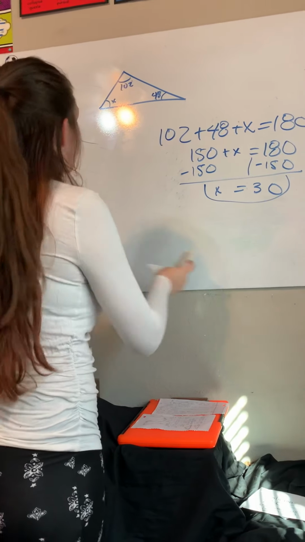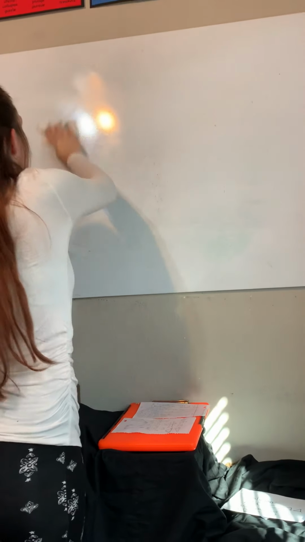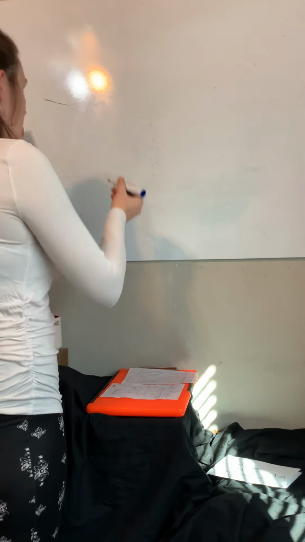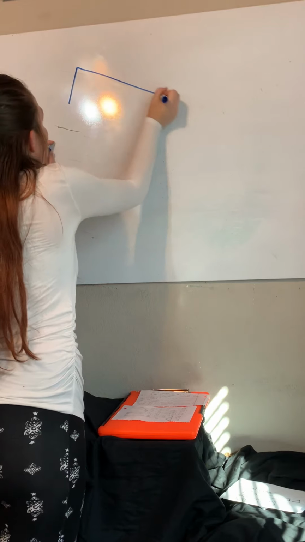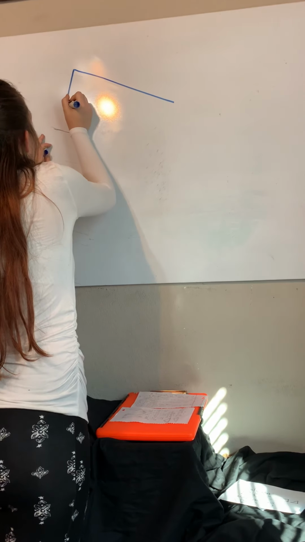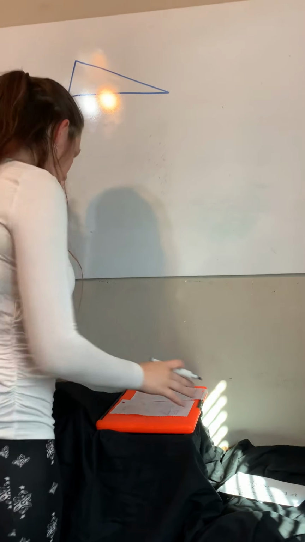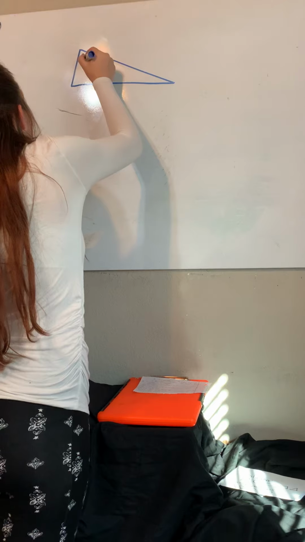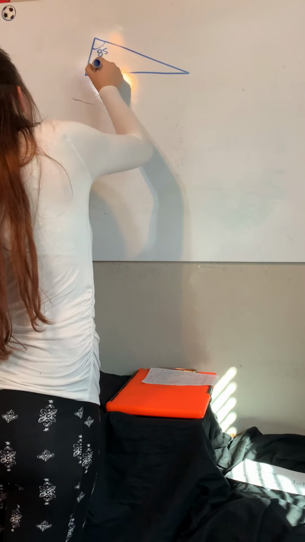Moving along, our next problem. It's going to look like a triangle like this. In this problem, they gave us this angle, which is 85, and this angle, which is 67.